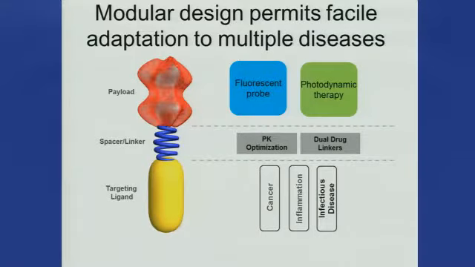We have been developing a number of different applications of a very fundamental technology where we use a low molecular weight targeting ligand linked via a spacer to a payload. And the payload that we've been delivering for most of the effort in my lab has been either a therapeutic agent or a radioimaging agent.